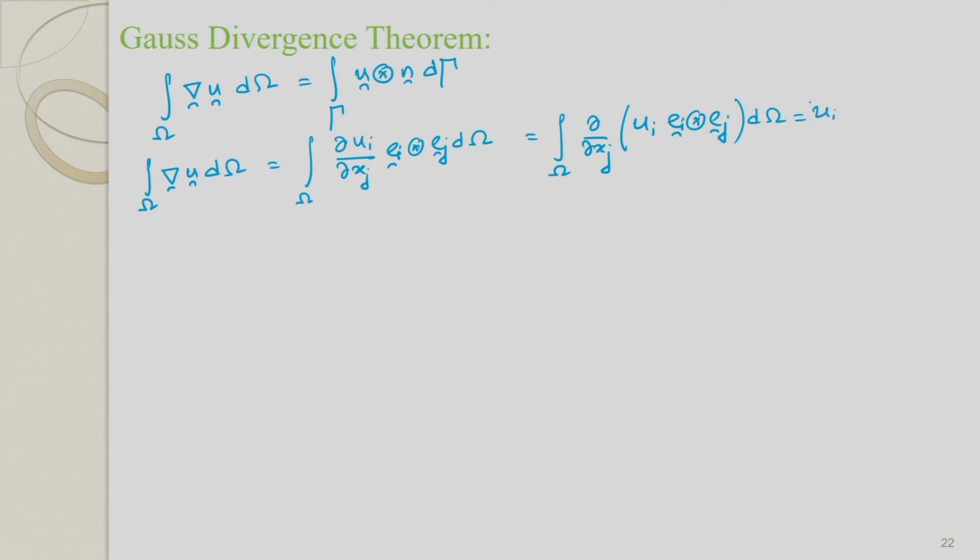So, we can write now using Gauss divergence theorem n_j, because it is del/del x_j.